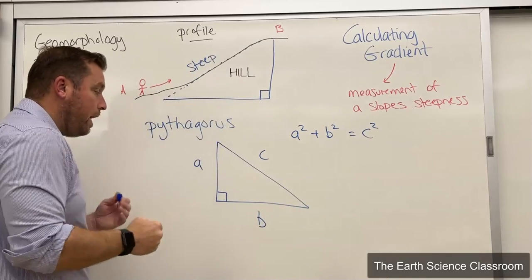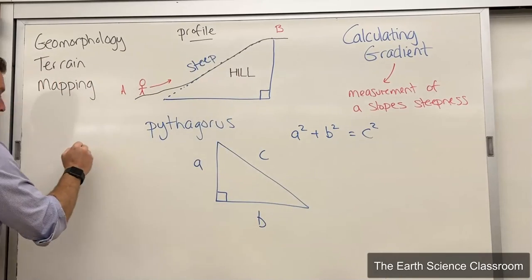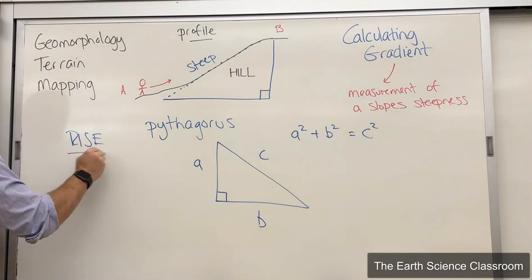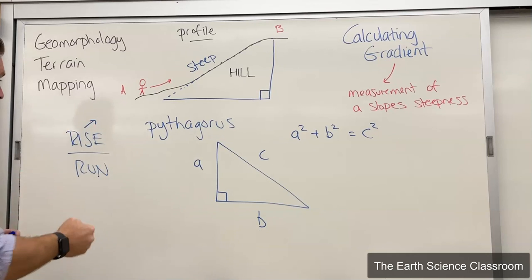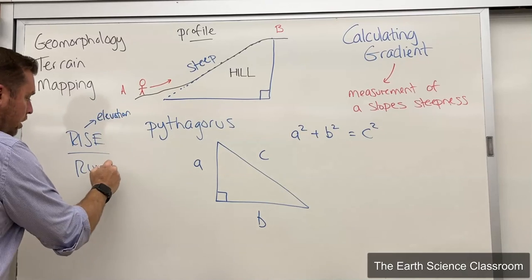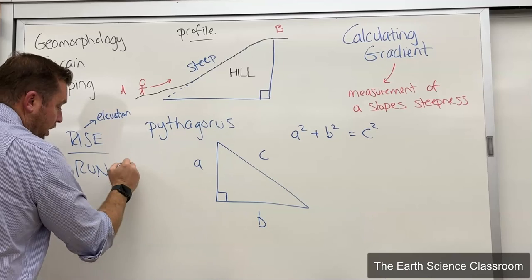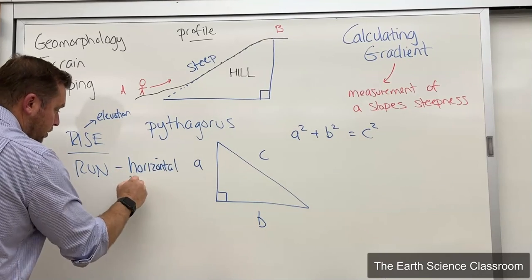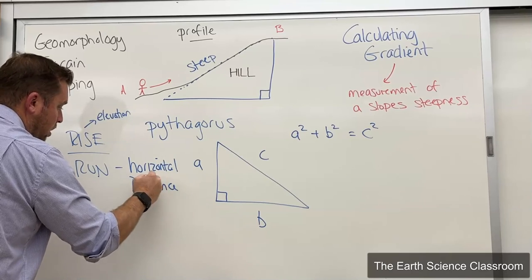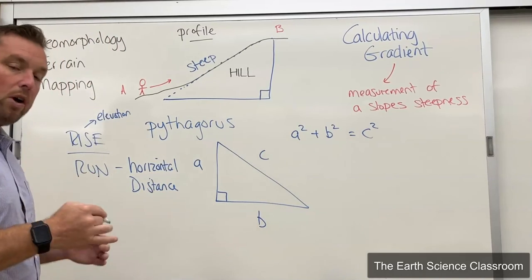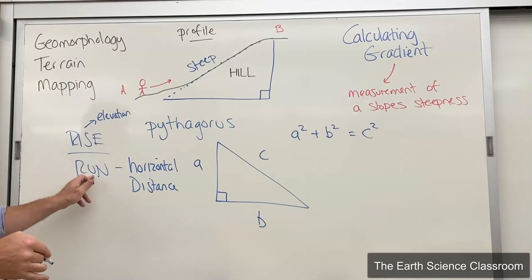But in terms of gradients, the general formula is rise over run. Rise is the elevation change, and the run is basically the horizontal distance. Now be careful, because when you walk over a landscape, you're not always walking the exact run measurement.